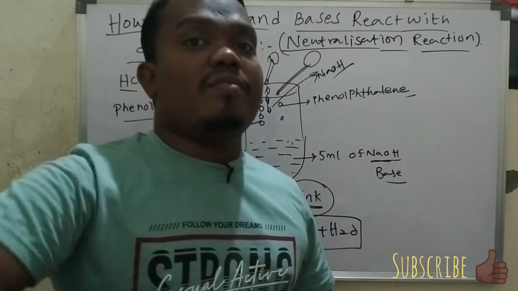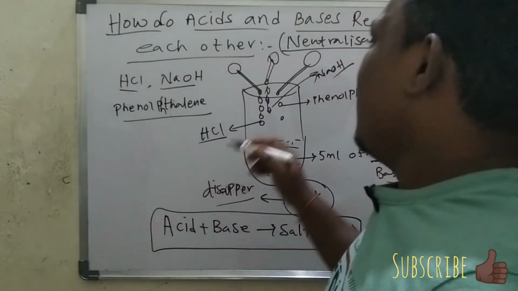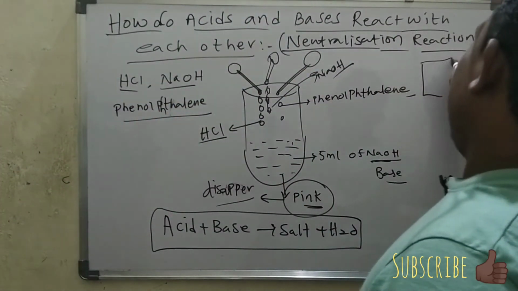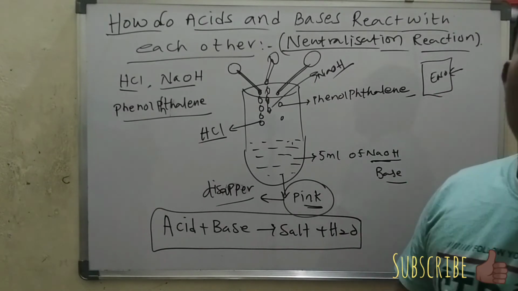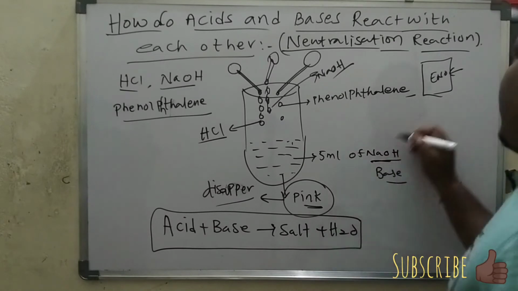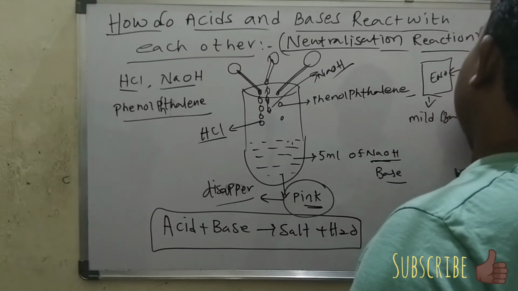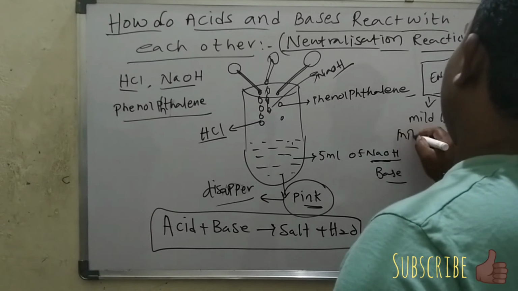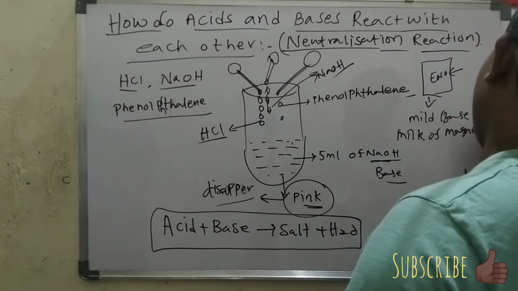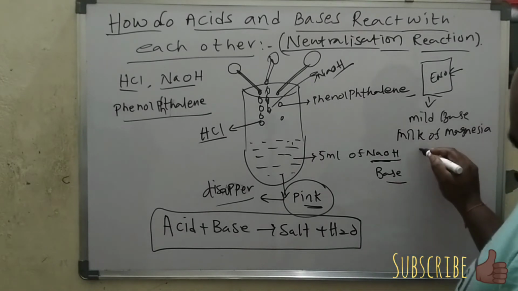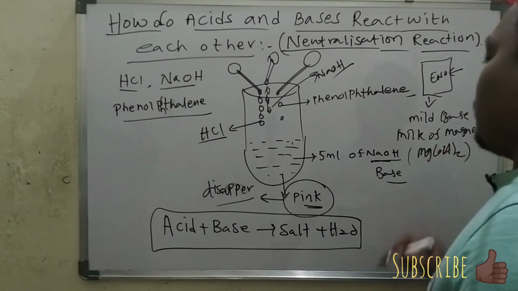At that time we take ENO. Everybody knows ENO. ENO packets contain a mild base, milk of magnesia, which is nothing but magnesium hydroxide.